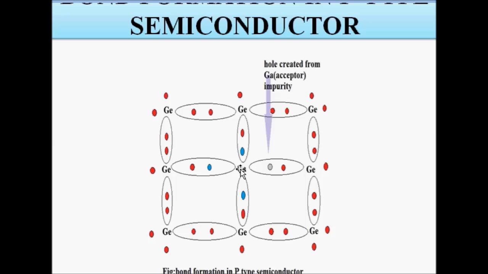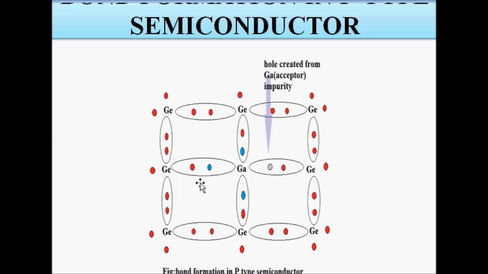Now it exhausts 3 of its valence electrons to form 3 covalent bonds with 3 neighboring germanium atoms, with 1 electron contribution from each of the germanium atoms and 1 electron from the gallium.